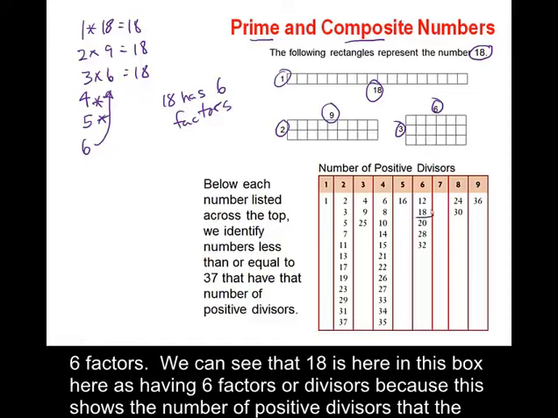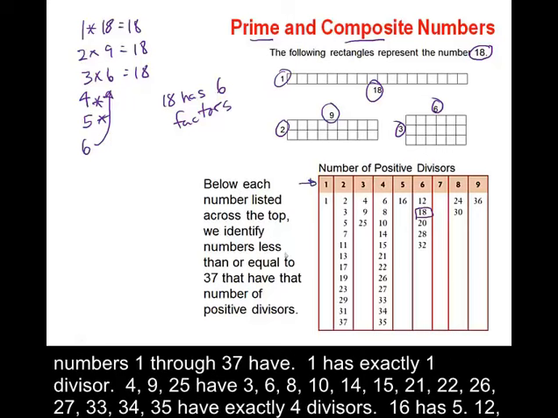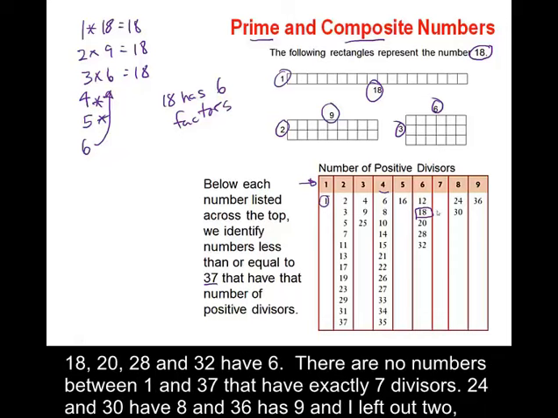We can see that 18 is here in this box as having 6 factors or divisors, because this shows the number of positive divisors that the numbers 1 through 37 have. 1 has exactly 1 divisor. 4, 9, and 25 have 3. 6, 8, 10, 14, 15, 21, 22, 26, 27, 33, 34, and 35 have exactly 4 divisors. 16 has 5. 12, 18, 20, 28, and 32 have 6.